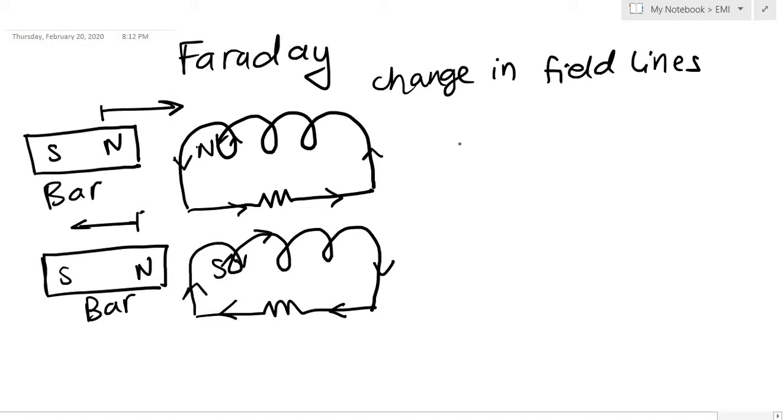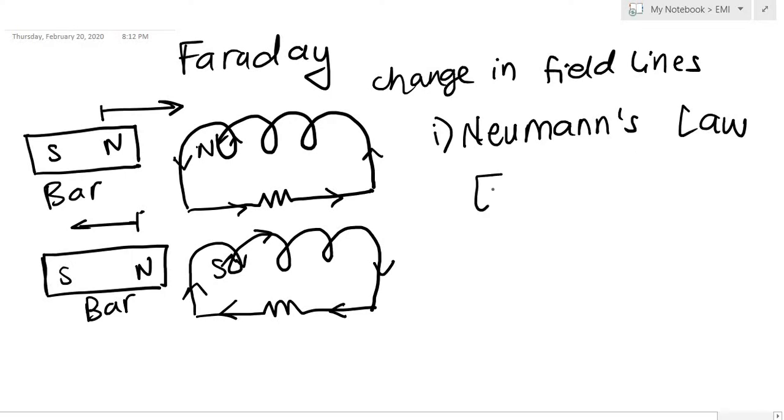And now based on these observations, Faraday came up with laws. The first law, Faraday's first law of electromagnetic induction, or Neumann's law simply, gives the direct formula for the induced EMF. So basically this is the induced current because it was induced by the change in magnetic field lines. And when there's an induced current, there has to be an induced electromotive force, an EMF.